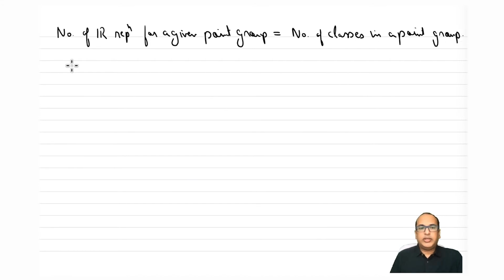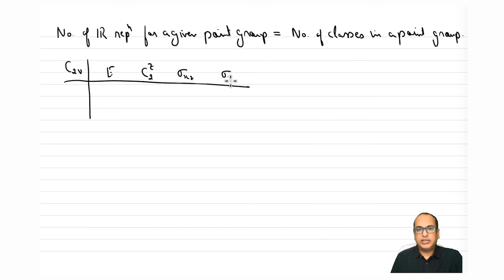Okay. So that means, let's say again, if we consider the C2V point group, we have how many classes? We have 4 classes there, right? C2Z. Each element is a class in itself because it's a cyclic group, I think. So you should have tau1, tau2, tau3, tau4, right?